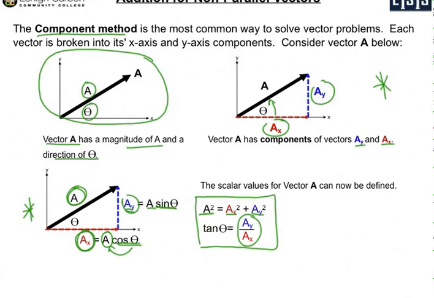So if you become familiar with your trigonometry and the functions involved, you will use them often throughout this whole course of physics for resolving vector quantities.